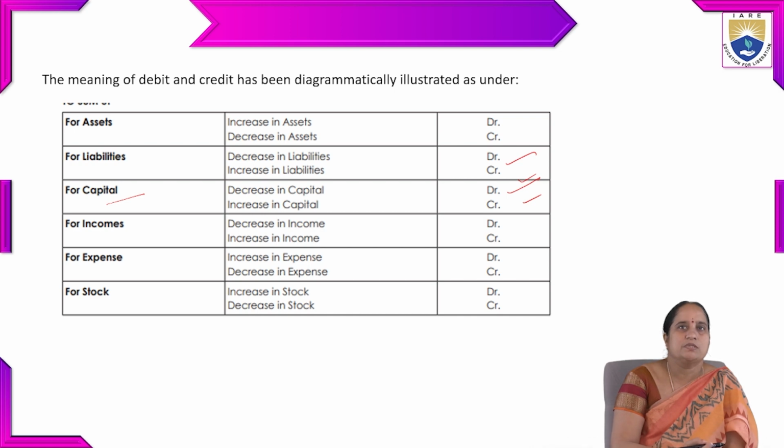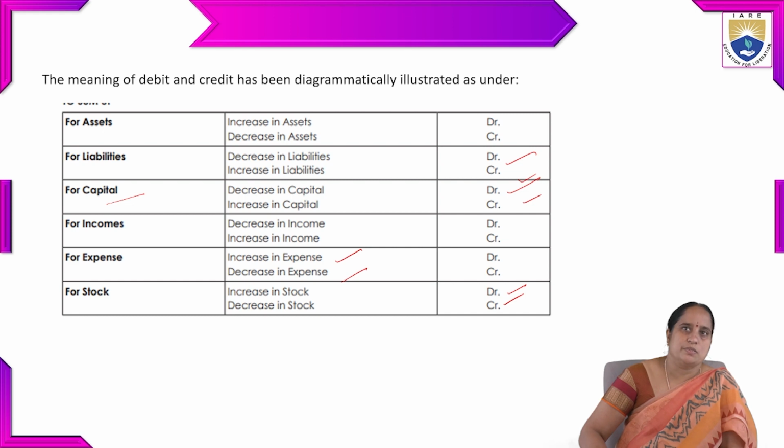In case of incomes, decrease in income, debit side, increase in income, credit side. For expense, increase in expense, debit side, decrease in expense, credit side. Related to stock, increase in stock, debit side, and decrease in stock, credit side. So these are the fundamental rules one should remember when we enter financial transactions based on the modern approach or American approach.